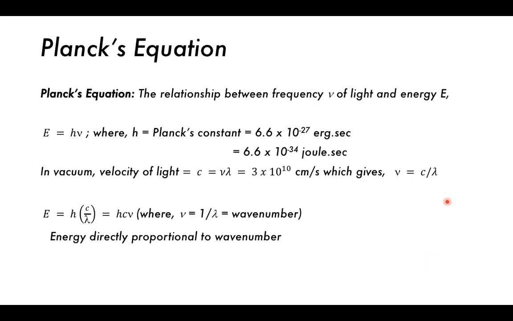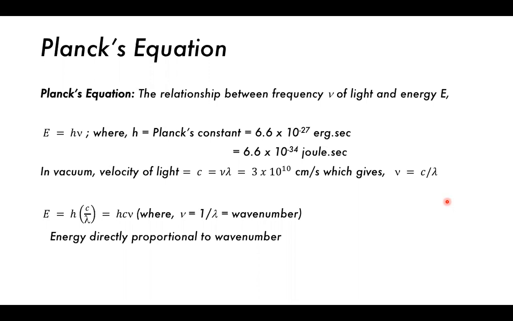I talked a bit earlier when we looked at that number line, where we saw that many of the regions of the electromagnetic spectrum are talked about in different terms, like wavelength, wave number, and frequency. So how do we interrelate these? Well, what we typically use is something called Planck's equation, or Planck's relation, or the Planck-Einstein relationship.